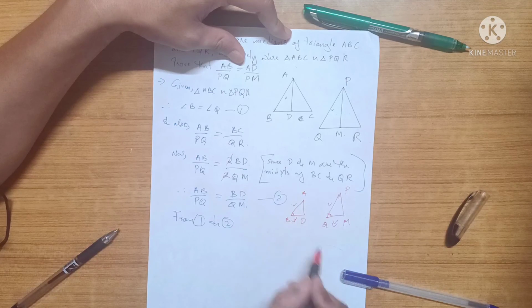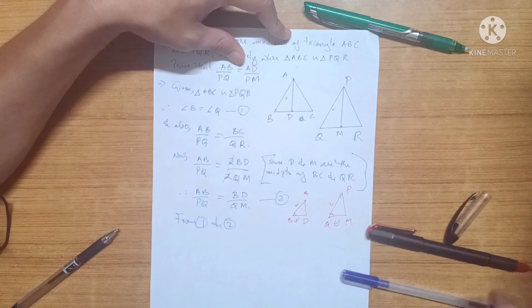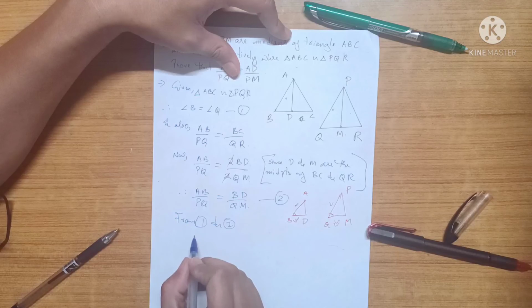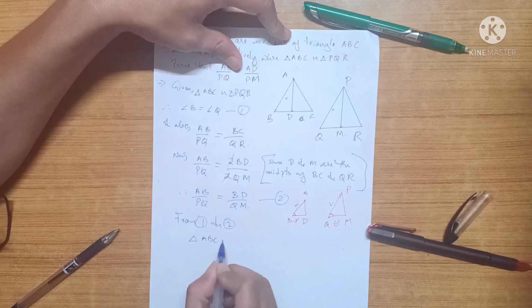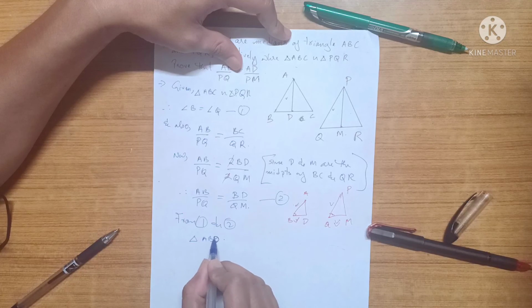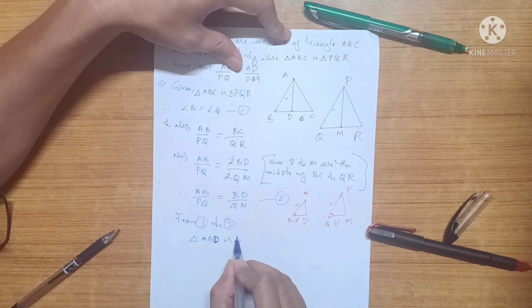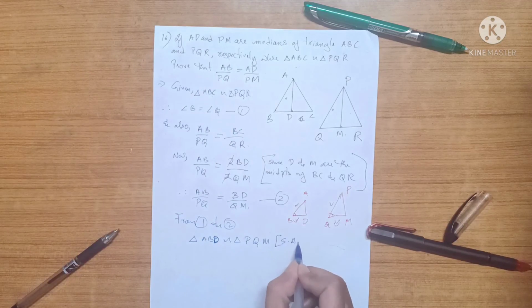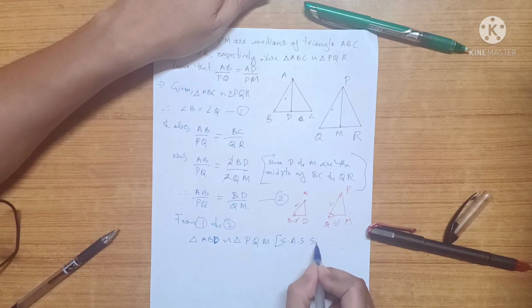So by SAS, side angle side, from 1 and 2, triangle ABD is similar to triangle PQM by side angle side similarity.